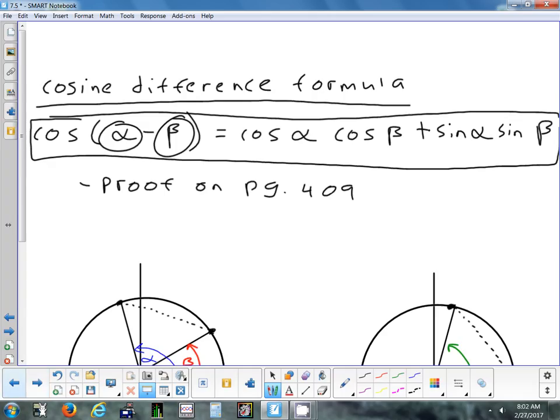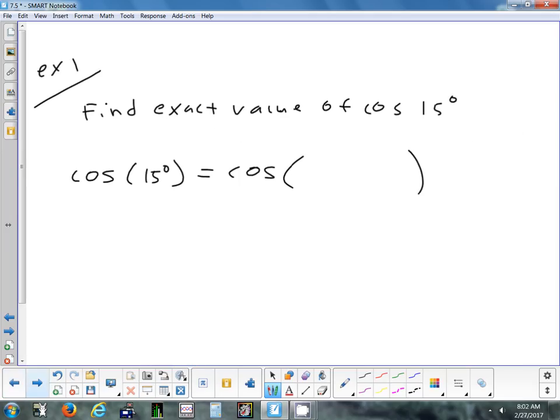And I want to rewrite it using what we just looked at on the previous page. So can anybody tell me how you can rewrite 15? We're going to write it as a difference, but it has to be using numbers that I mentioned earlier. It's 45 minus 30.